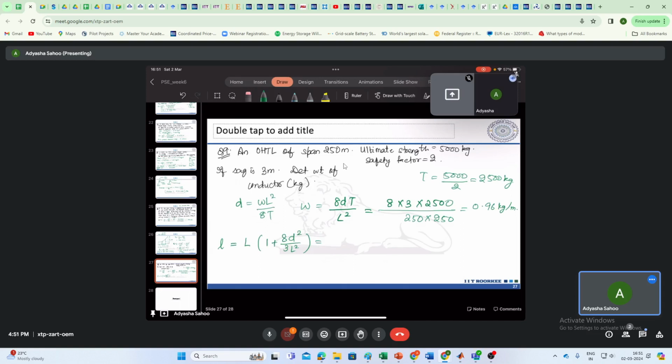So L here is 250, 1 plus 8 into 3 square, 3 into 250 square.